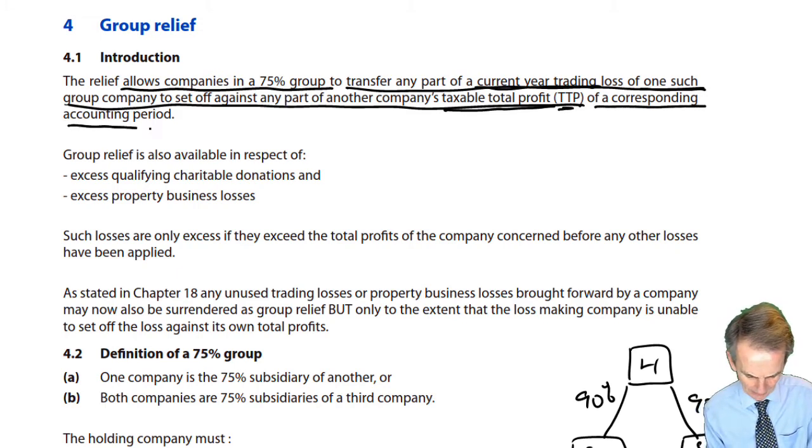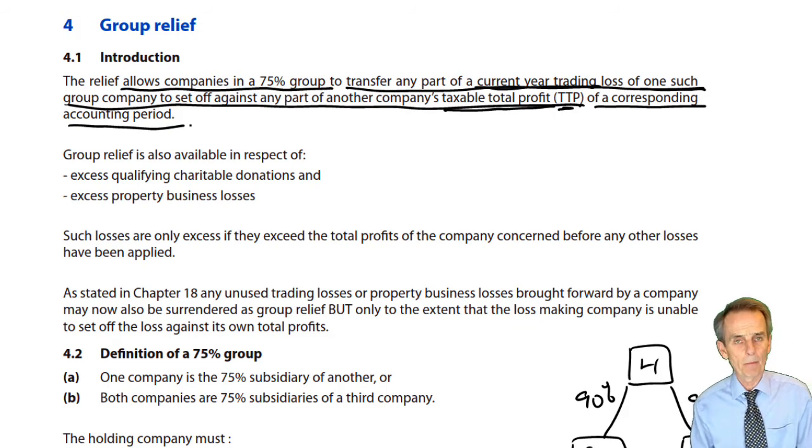a corresponding accounting period. Now, you wouldn't expect in practice this last point to be an issue. You'd expect all companies, especially within a 75% group where you've got absolute ownership effectively there in terms of control of the subsidiary companies, you wouldn't expect to see companies within the group preparing accounts to a different date. But for exam purposes, there's always a distinct possibility that you might have two companies looking to group relieve with one another in the same 75%, one company preparing up its accounts to one date and a different accounting period end date being used in the other.